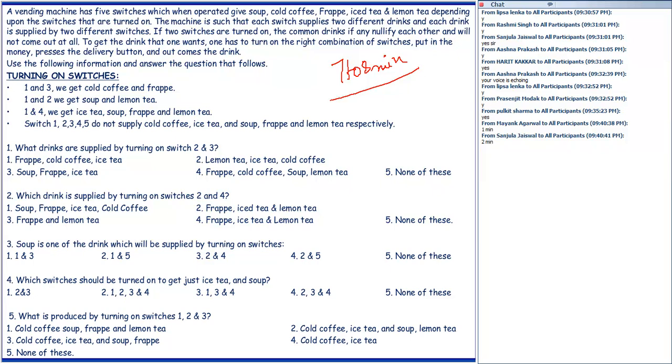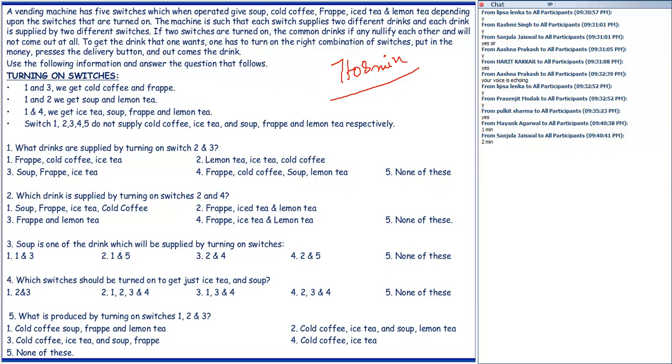Okay. Let's start. Should we start with the discussion now? It's already 10 minutes. So let's see, and you can check your answers later on. Should we start?